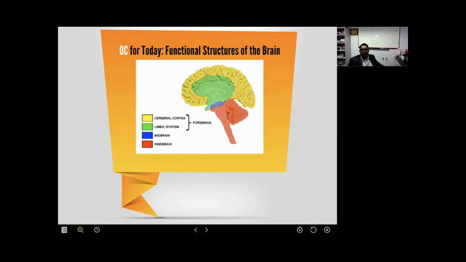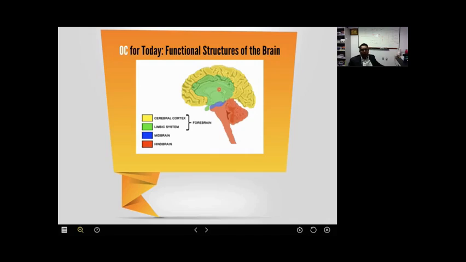So we have hindbrain, midbrain, and the forebrain. The forebrain is further divided into this yellow structure, which is the outermost layer of the brain. It's called the cerebrum, or the cerebral cortex. Underneath this, there is a set of structures, and generally these structures are together called subcortical structures. Sub is below, cortical is cortex. Because they are under the cortex, all these structures are referred to as subcortical structures.